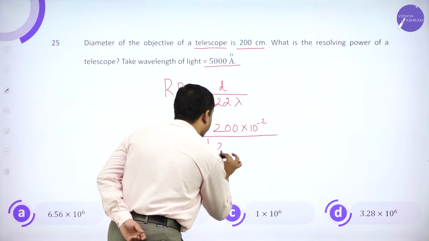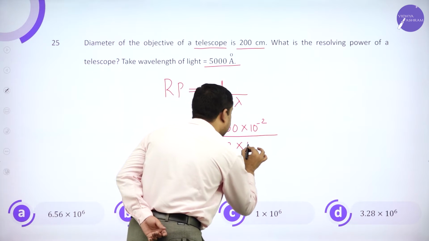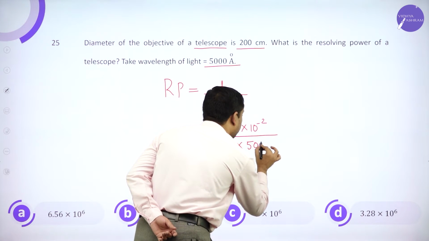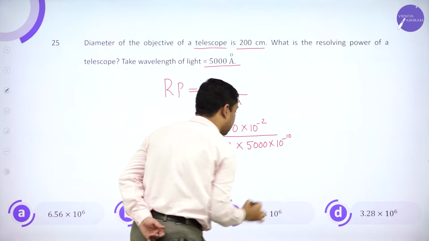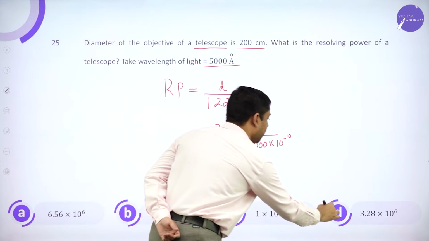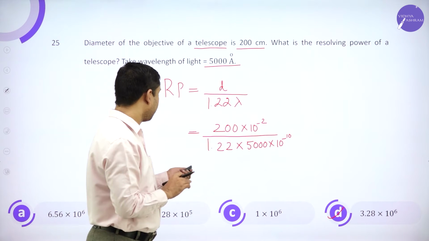So this is divided by 1.22. Wavelength is 5000 angstroms, into 10 power minus 10. So if you simplify, the fourth option will be the answer.